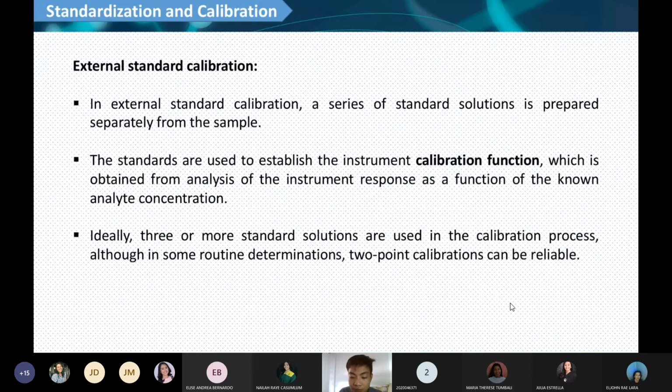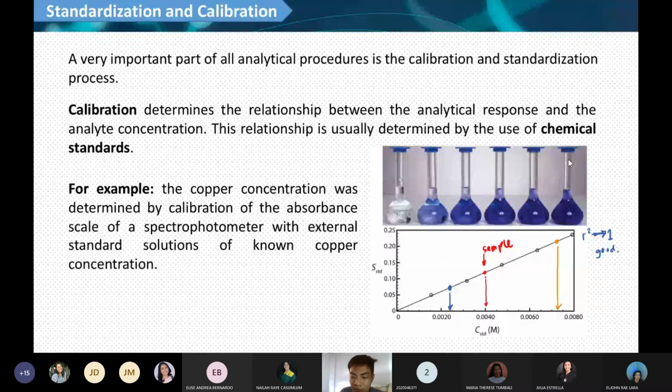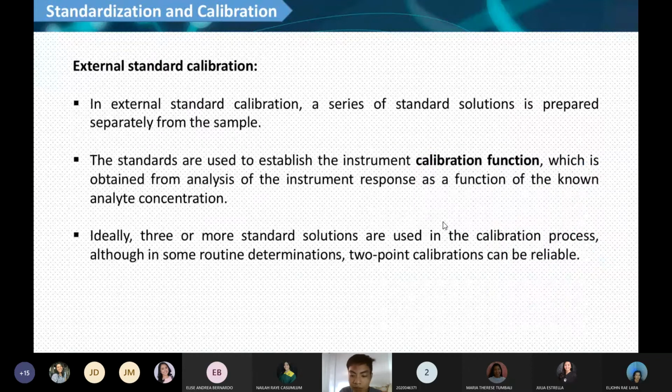So, number one type of the calibration is called the external standard calibration. Okay, so ito yon. Ito yung diniscuss natin na to. So, when we say external standard calibration, you are establishing the instrument calibration function.